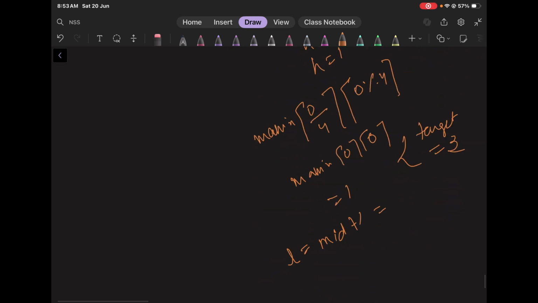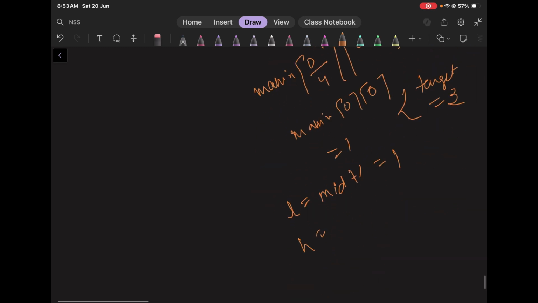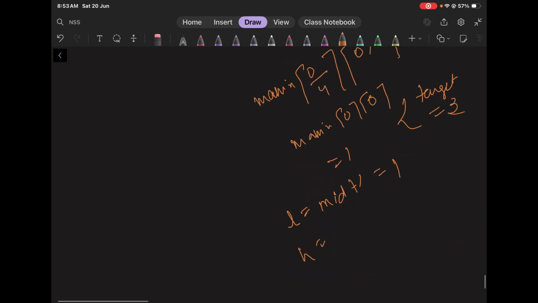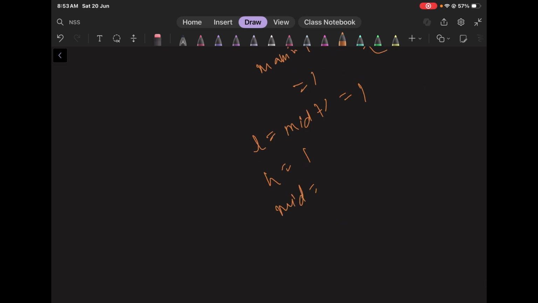My mid was 0, so low is updated to 1, and my high remains as it is, which is 1. Now I calculate my mid, that is 1 plus 1 by 2, which is 1.